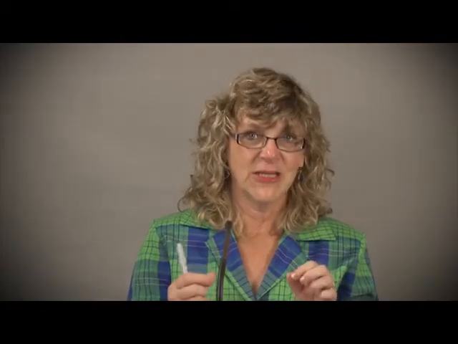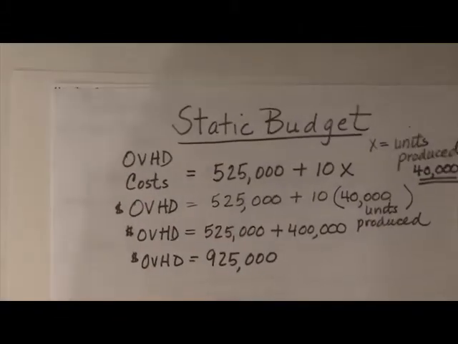A static budget is going to project cost for one given level of activity. When we look at a flexible budget, it's going to look at projected cost at multiple levels of activity. So I'd like to show you an example of each of these types of budgets.